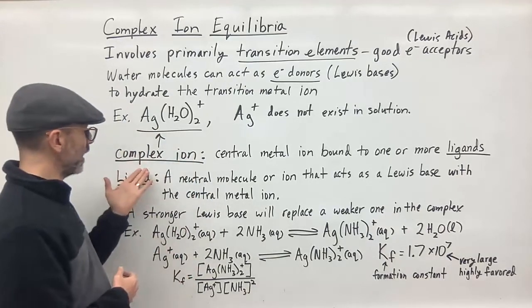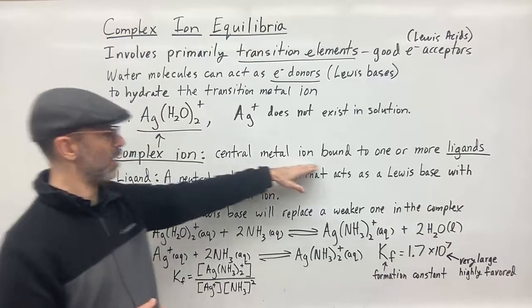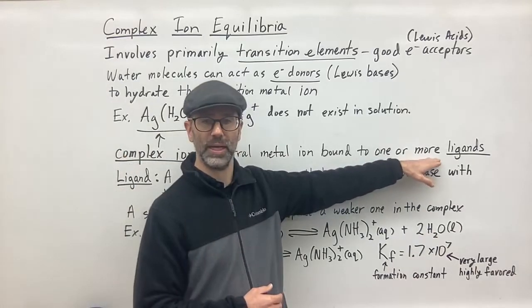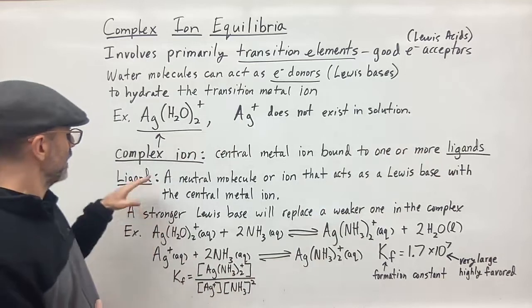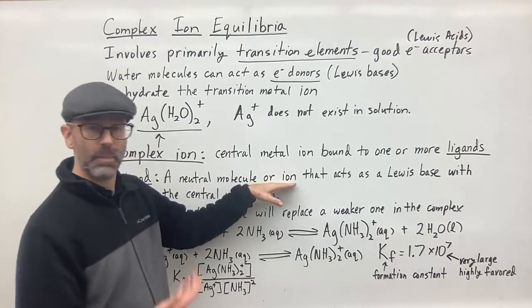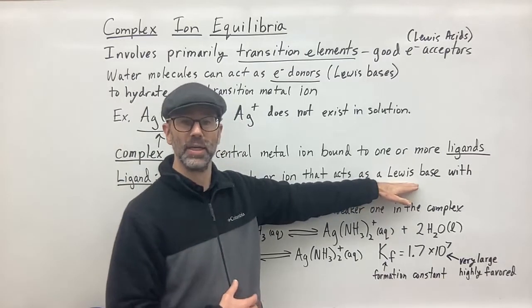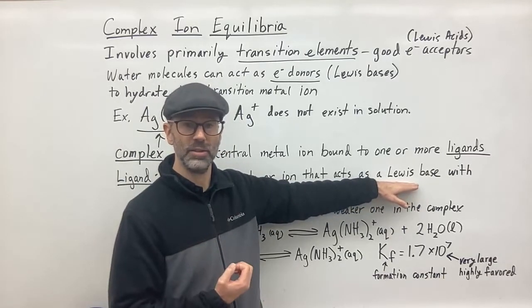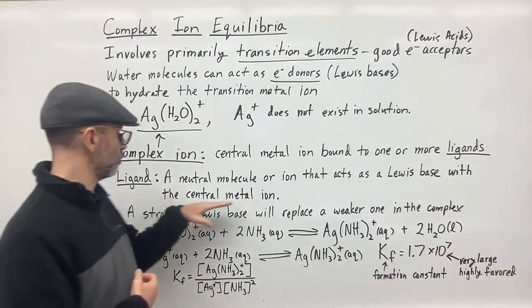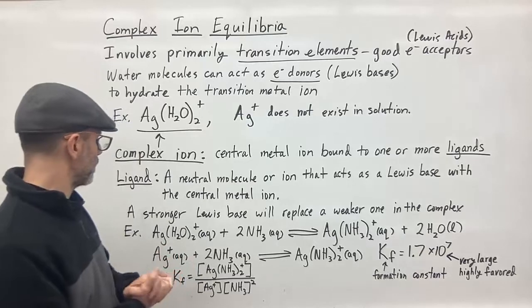So what is a complex ion? It's basically a central metal ion that is bound to one or more ligands. What is a ligand? A ligand is a neutral molecule or some ion that can act as a Lewis base, meaning that it's got lone pairs to bind with the central metal atom.